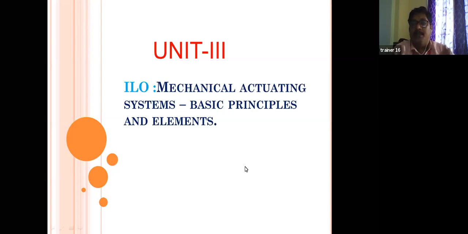A mechanical actuation system means, I'm explaining the introduction clearly: a device is there, a mechanical device or a machine or a mechanical system. If you give input to the mechanical system, we can get the output, right? Why this actuation system, I'm going to explain clearly. First, the output may not be accurate, and during this process, when you give the input, some processes are going on and then we get the output.